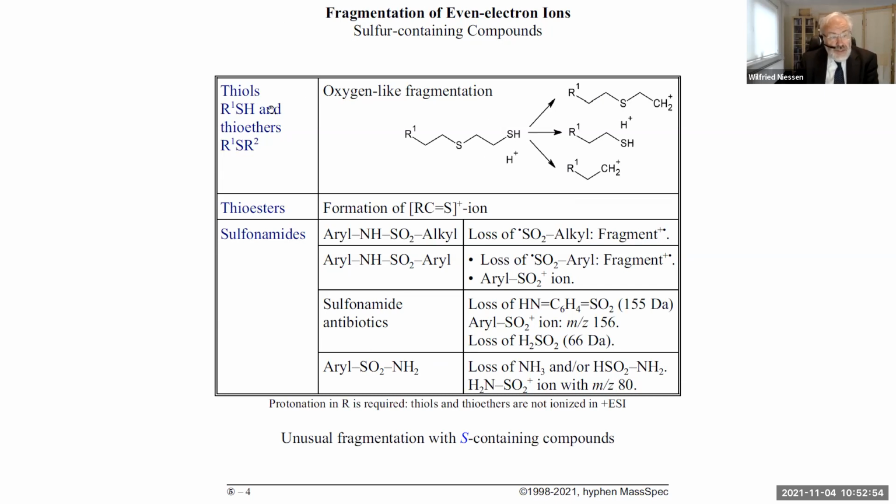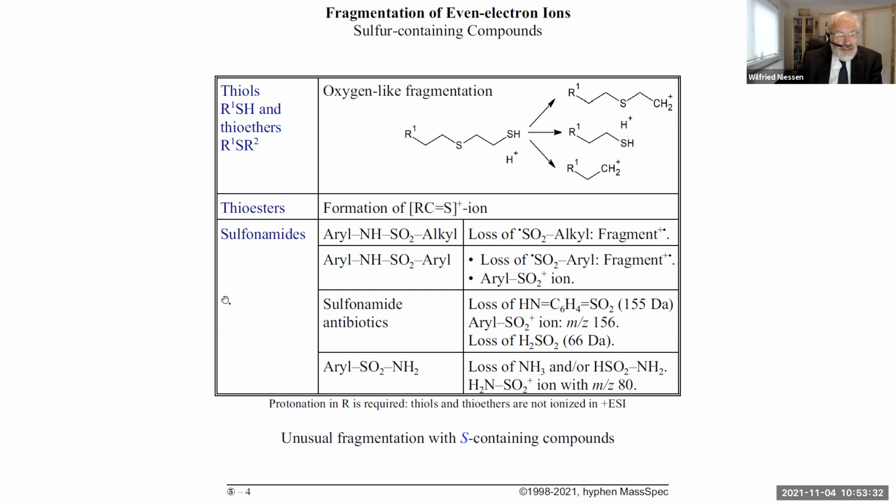If you have thiols, thioethers, and thioesters, you basically get the same type of fragmentation which you get with oxygen analogs. So cleavage on either side of the sulfur with charge retention on either side, hydrogen rearrangement, and so forth, as we have discussed. The other group of compounds I will be discussing, and there are of course far more sulfur compounds, but I made some choices and limitations, are various sulfonamides.